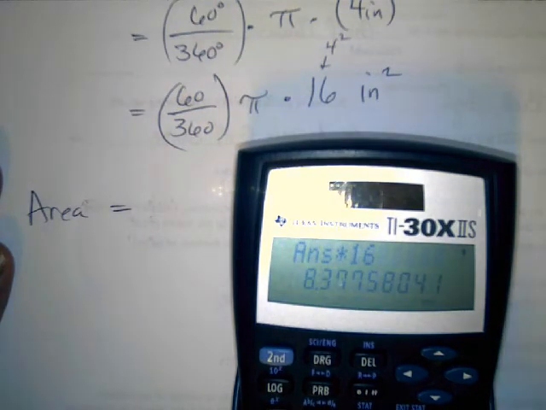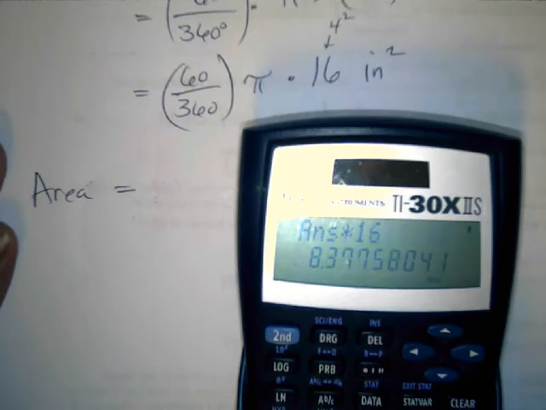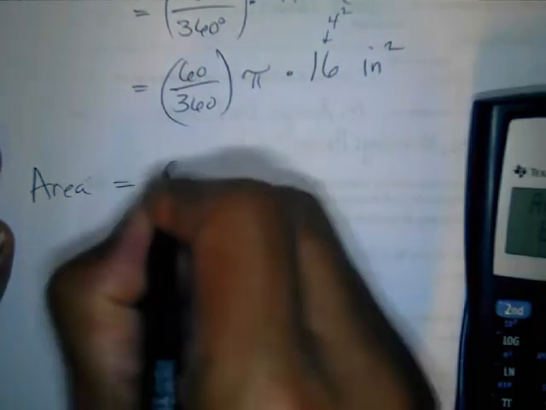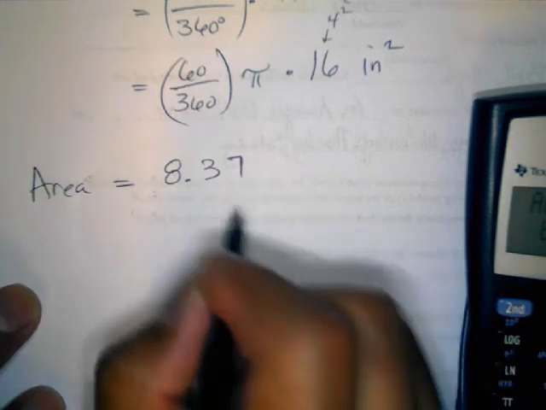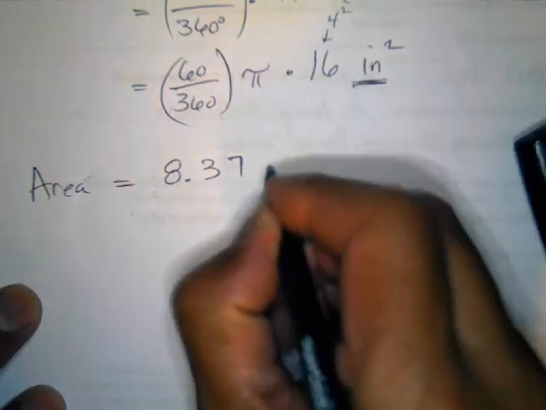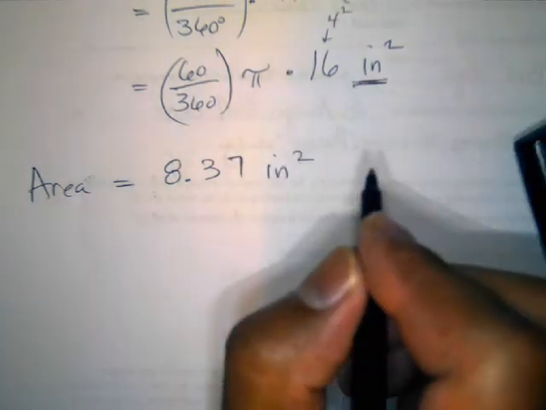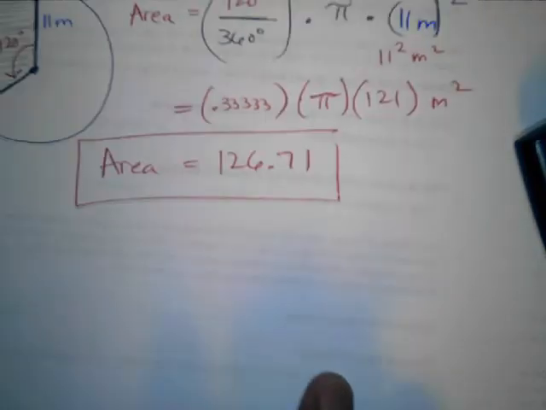I mean, you can multiply all together at once. That's fine. I got 8.377. 8.377 is the area. Okay, and that is what? Don't forget the units. Square inches.